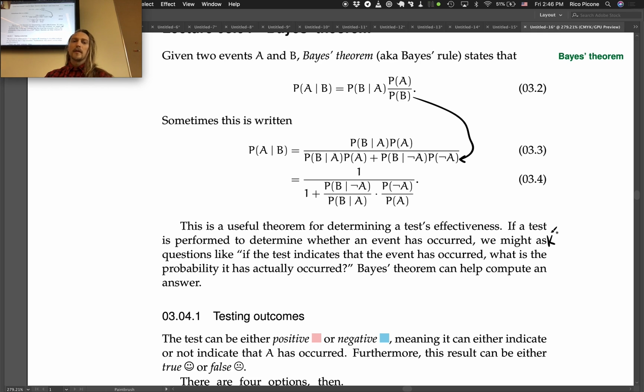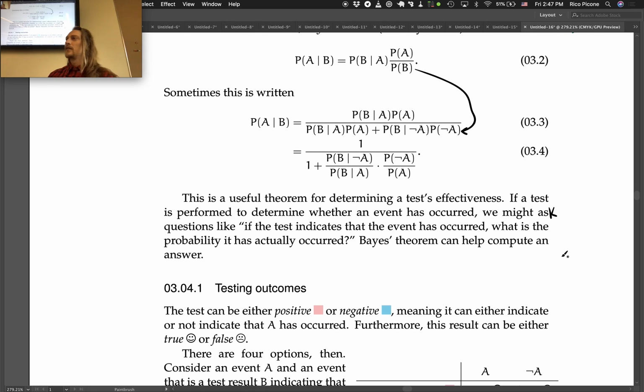Bayes' theorem can help compute an answer. This is used a lot in things like determining how effective a test for a bad part needs to be, as an example. It's also used a lot in medical diagnostics. For interpreting the results of a medical diagnosis, this is very useful.